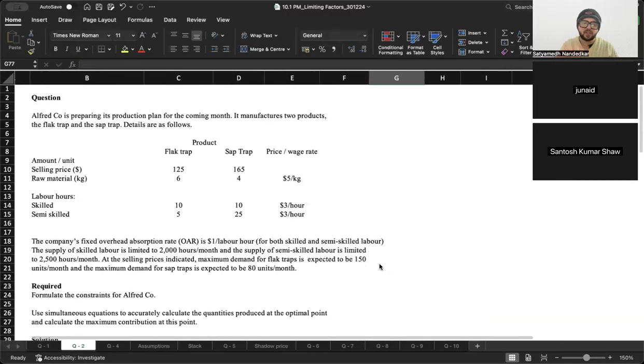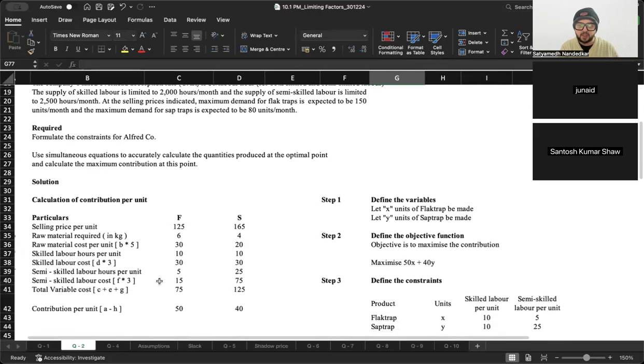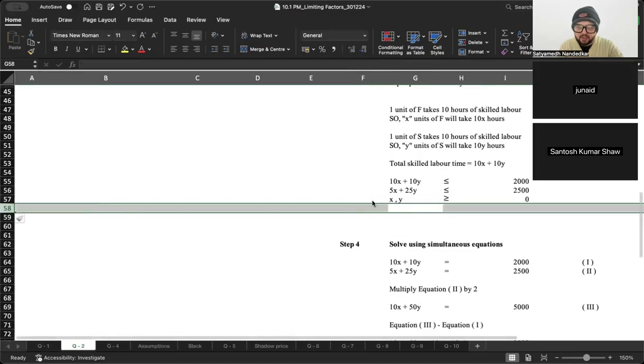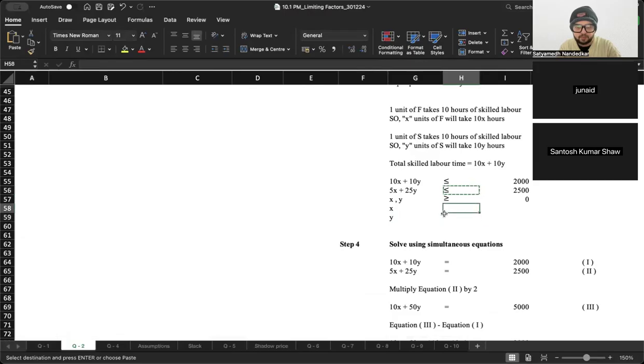There are two more constraints actually that we did not write. The maximum demand for flag trap is expected to be 150 units per month and maximum demand for sap trap is expected to be 80. So apart from the non-negativity constraint, there was a limitation on the maximum units that can be produced. We'll write it here.